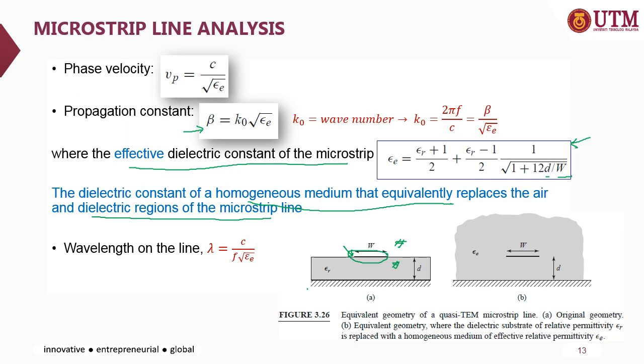That's the relative permittivity for the substrate or dielectric material, and you have another one, epsilon naught, for the air. From here you calculate epsilon e, the effective permittivity of where the microstrip line is placed. Then the wavelength of the line can be calculated using lambda, still dependent on epsilon e, the effective permittivity or dielectric constant.